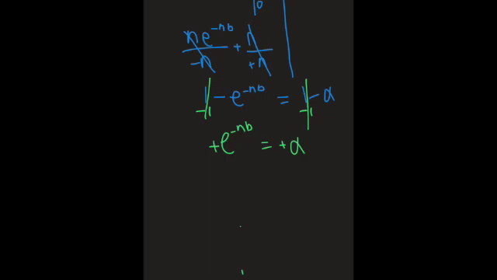Then I still see the b is up there with my x in my exponent, and I want to get the b by itself. So since I have e, I'm just going to take the natural log of both sides. So then I have the natural log of alpha. I want my b by itself, so I'm just going to divide by negative n. Finally, I have the b by itself.